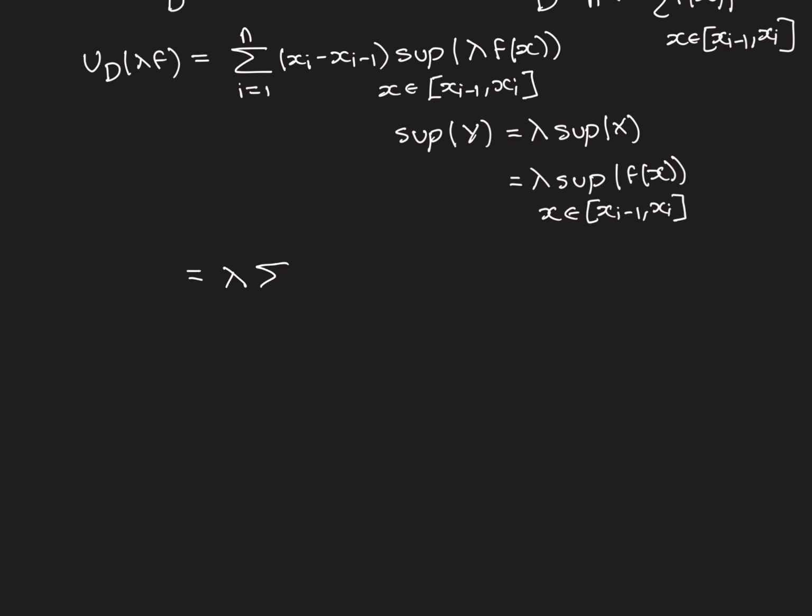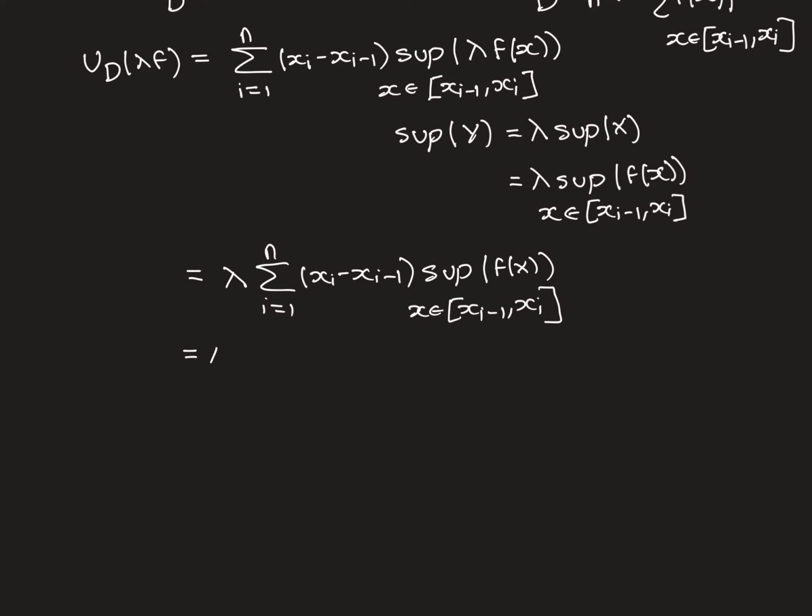So it's going to be lambda times the sum from i equals 1 to n of (x_i minus x_{i-1}) times the supremum of the value of f(x), where x is allowed to vary over this interval x_{i-1} to x_i. But of course, this is then just the definition of the upper Riemann sum of f over that dissection.